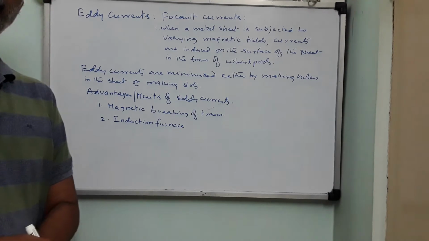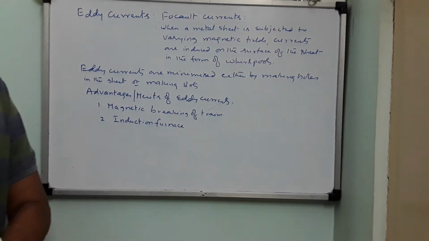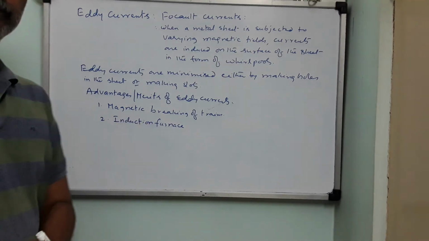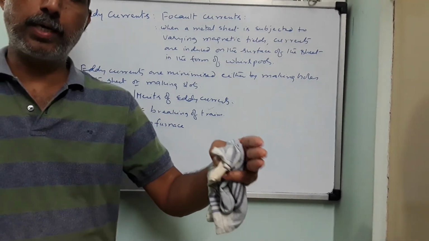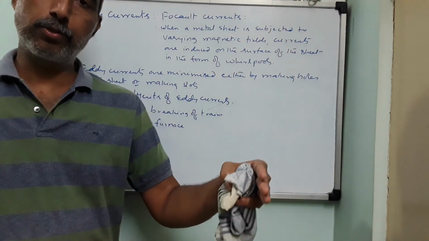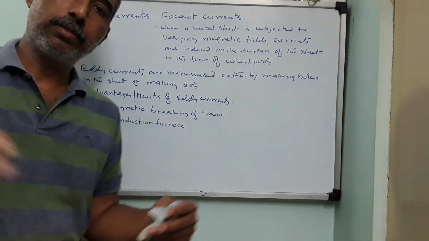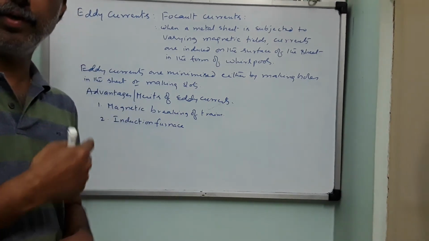Furnaces are used generally to melt things. So here metals can be melted with the help of induction furnaces. Either you can have two poles, north and south poles, where there is a magnetic field running from north to south. You just make a sheet swing in the magnetic field.